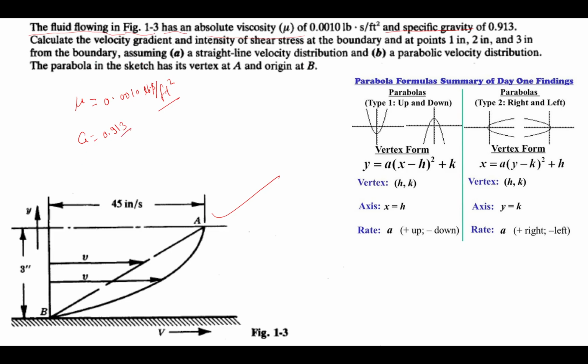Calculate the velocity gradient, that is, how your velocity is varying with respect to y, and the intensity of the shear stress. Also you need to calculate the shear stress at the boundary and at points 1 inch, 2 inch and 3 inch from the boundary.